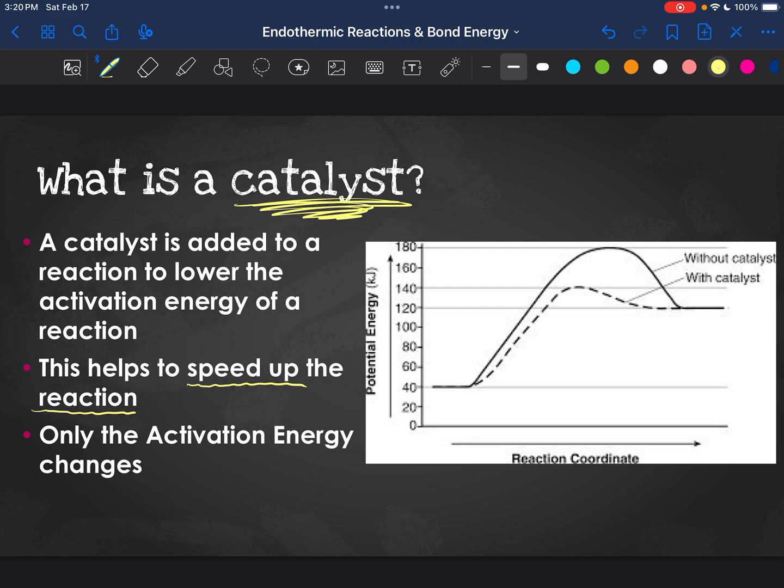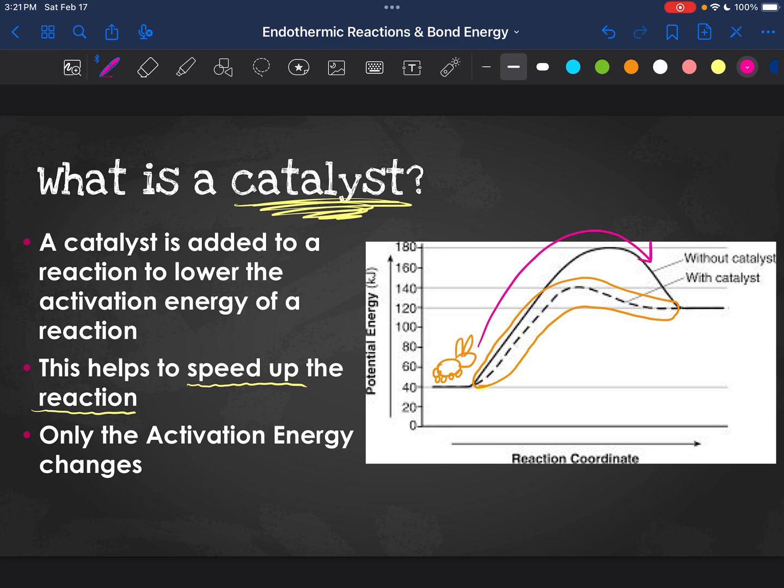Now, if you don't remember what it looks like, it's basically this section right here, the dotted line. This is showing that the peak gets lowered. Or sometimes your teachers say that when a rabbit, okay, I am not a good drawer, but let's say we have a bunny, and the bunny wants to jump over the hill.